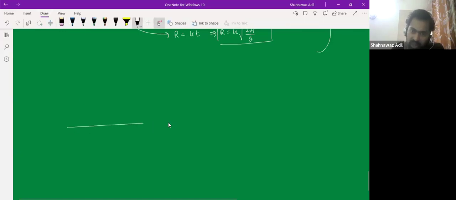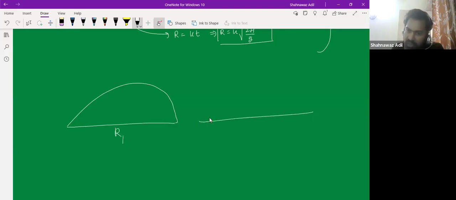Let's say this one has R1 and this one is R2. What is the relation between this theta and this one so that both cover the same range? Do you know the relation for which ranges are same?